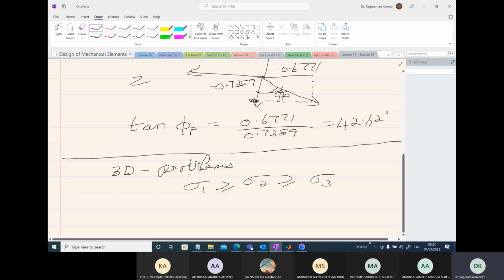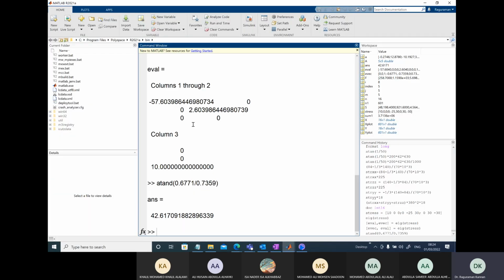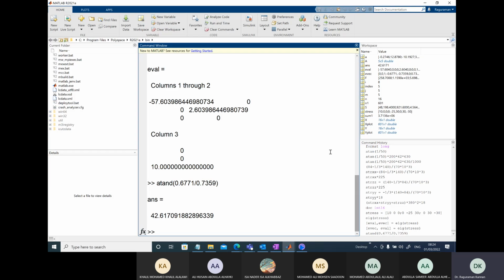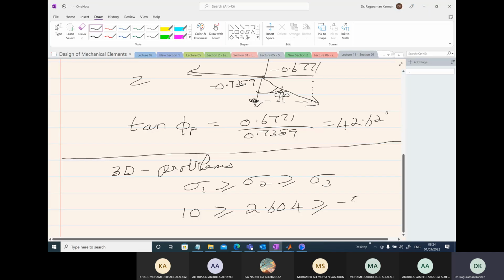So let's note down 10 is greater than or equal to 2.604, and the third value is minus 57.604, in megapascals. Everything is in megapascal. These are the three values.